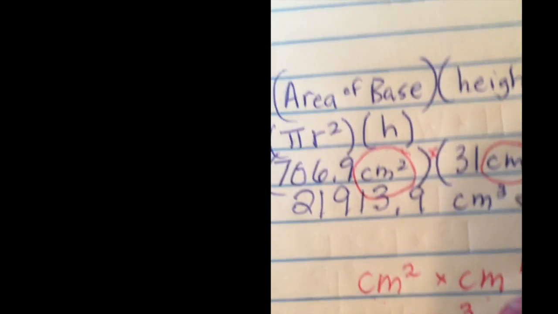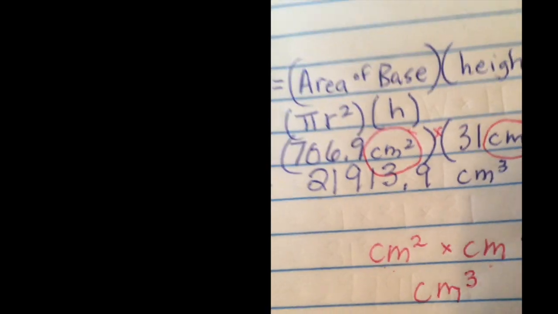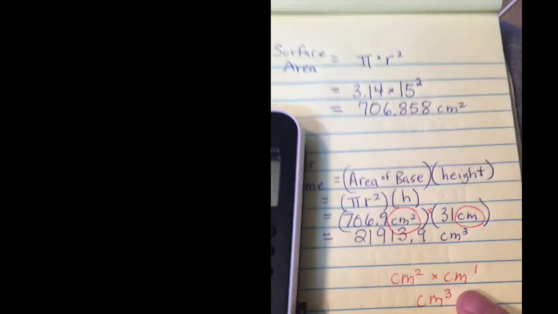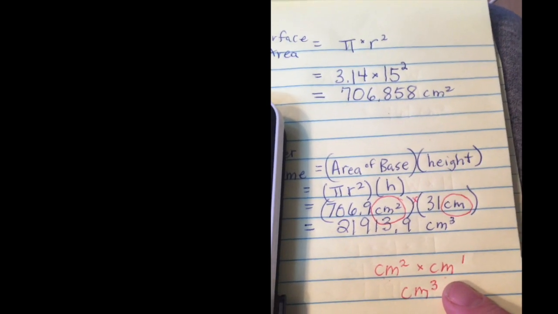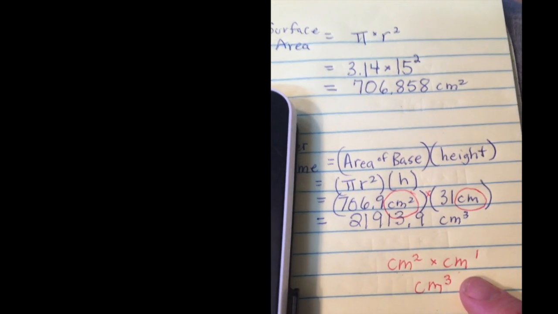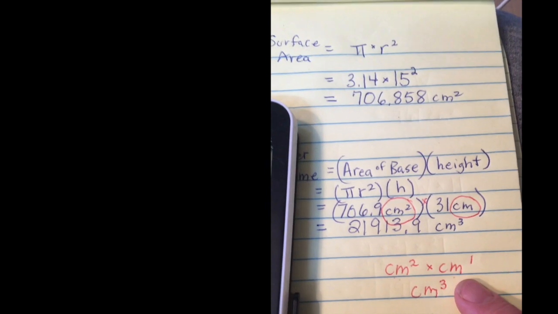So that's where the centimeters cubed comes from. This is something that we're going to need to practice before grade 9 and before the end of the year. So we'll get into this very soon. But that is how you construct the formula for a cylinder.